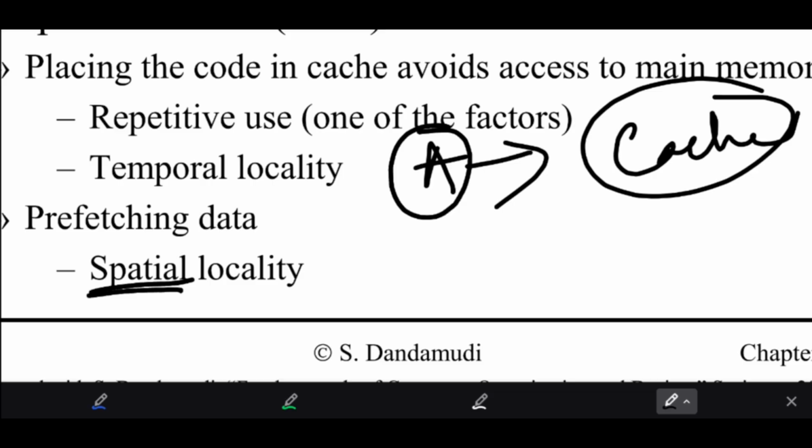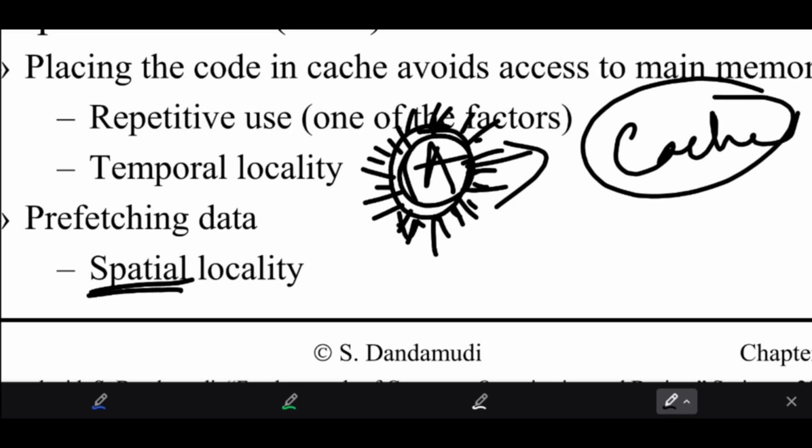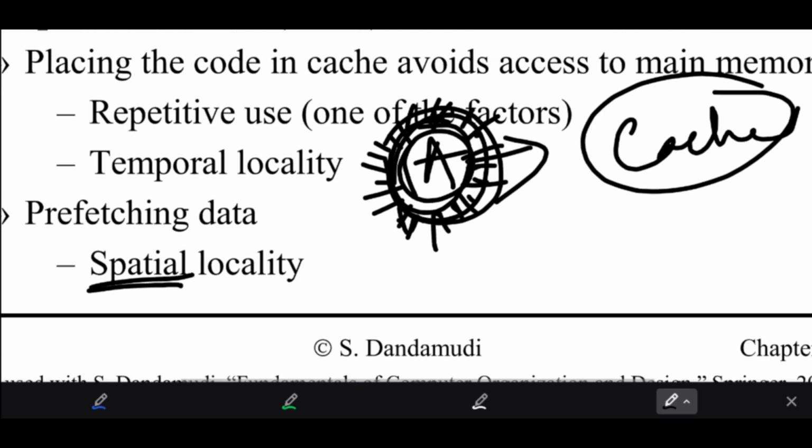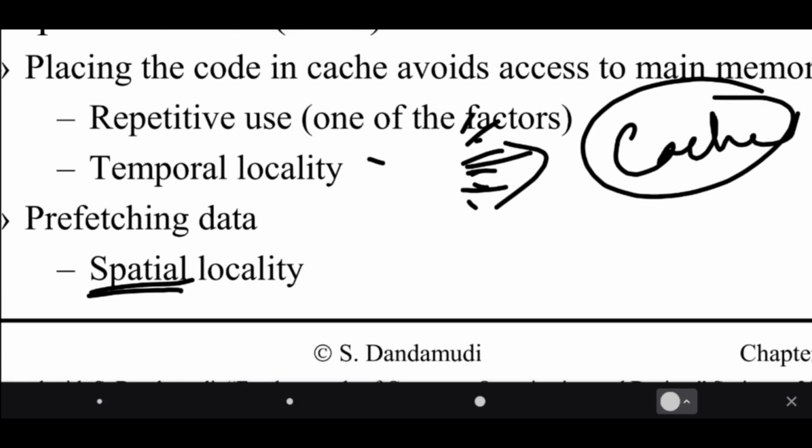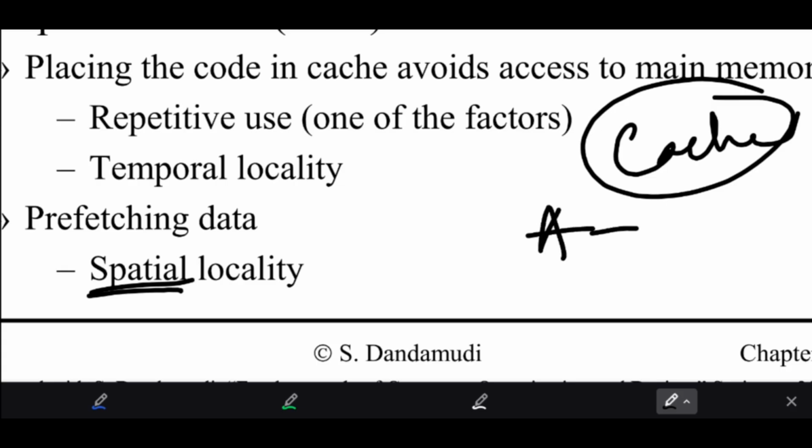What we store is the nearest data of A. There may be a chance of needing the nearest data of the actual data, so we take the nearest data into the cache also.